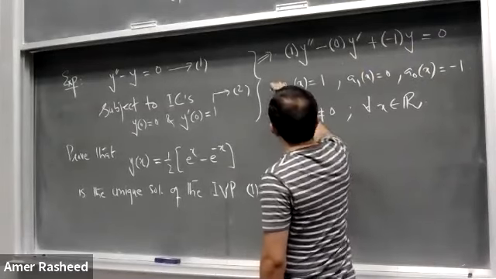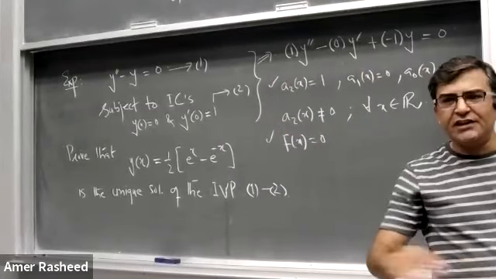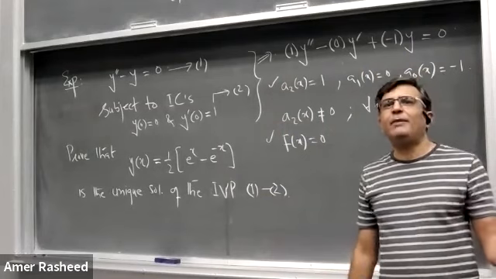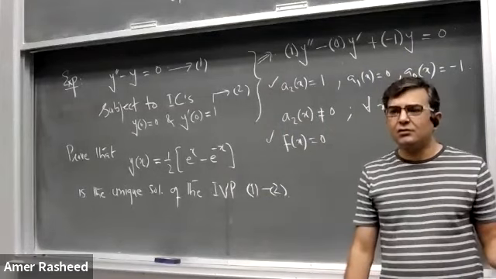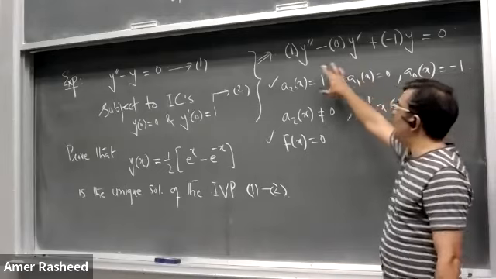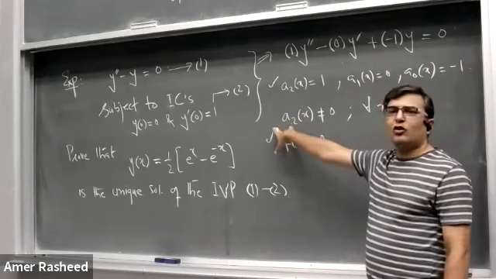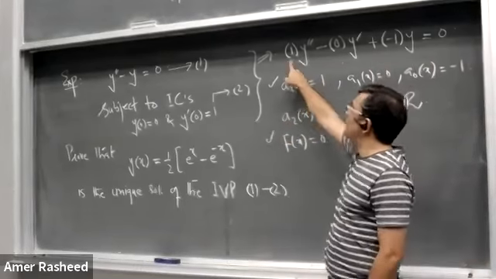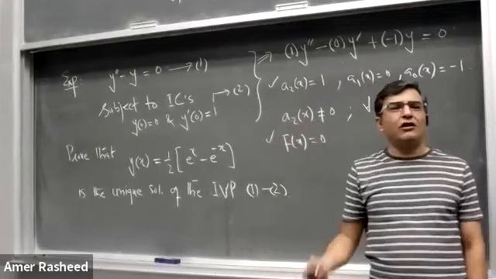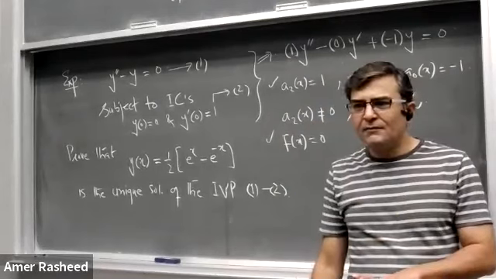Now, are all these functions continuous on R? Do they have any breaks or any discontinuities on R? No, they are continuous on R, all these functions. In addition, the coefficient of the highest order derivative in that equation is not 0 for any value of x. Both conditions have been met.